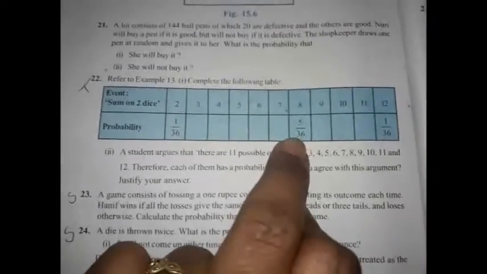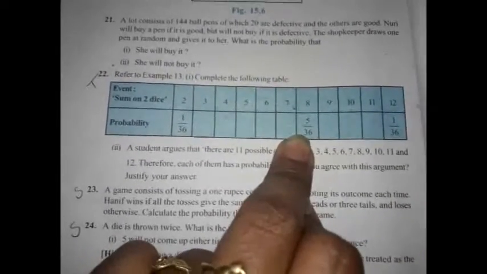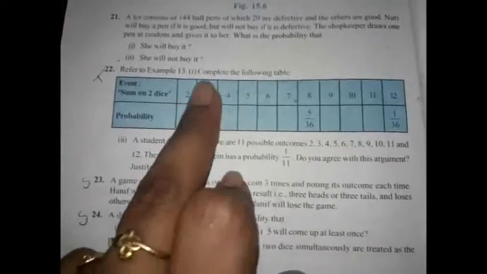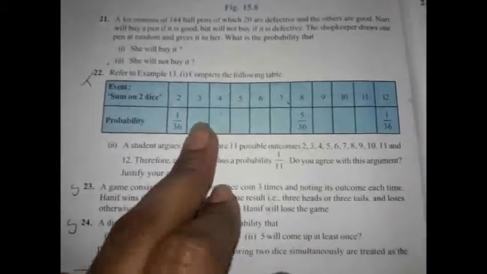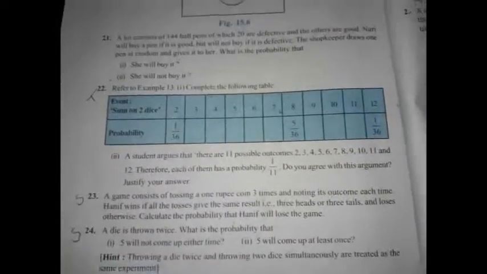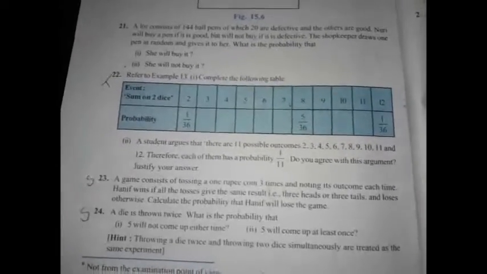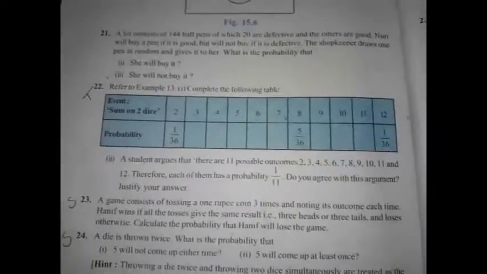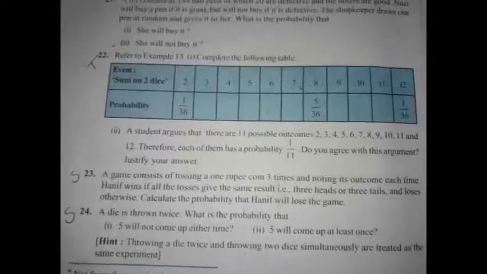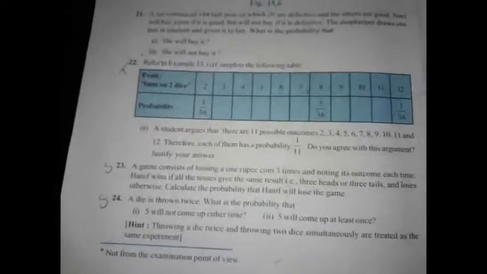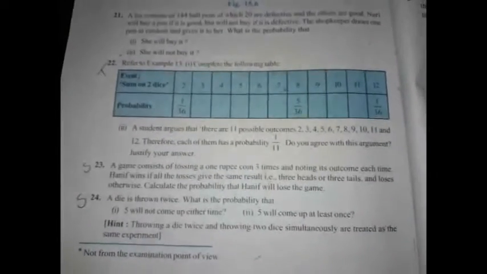No. See, here itself they have given you an example. The sum 2 got 1 by 36 and just now we have seen 3 got 2 by 36. So every probability differs. They are not equally likely. Therefore, each of them does not have a probability 1 by 11. Right?